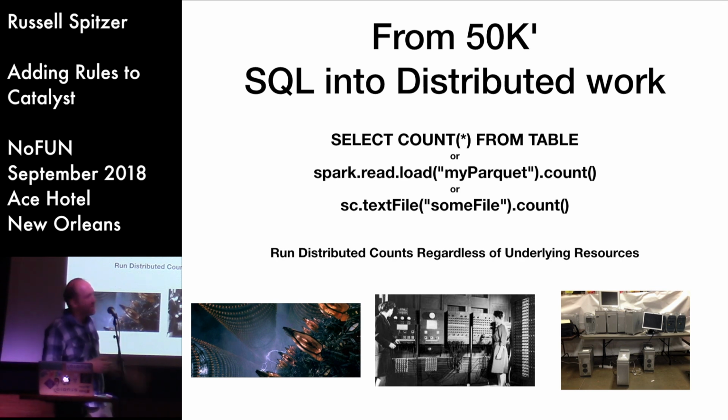It's select count star from table. This is legitimate code that can translate into a distributed job in Spark. And this is one of the key things that drive Spark adoption, that we have these very simple APIs, including one that looks like SQL. The second example there is something called the data frame API that is functionally equivalent. All the things you can do in Spark SQL, you can do in data frames, and almost vice versa.